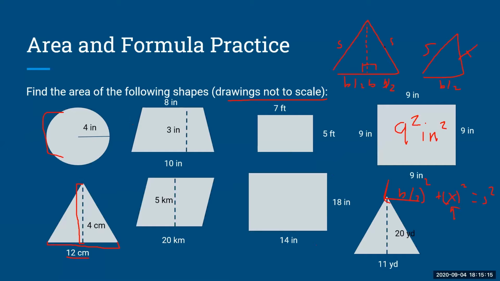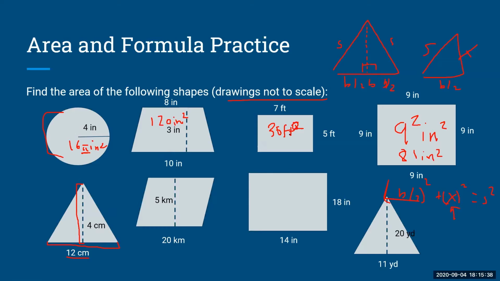This should be 81 inches squared. This should be 16 pi inches squared. I like to keep it pi. You can put 3.14 if you want. This should be 120 inches squared. This should be 35 feet squared.